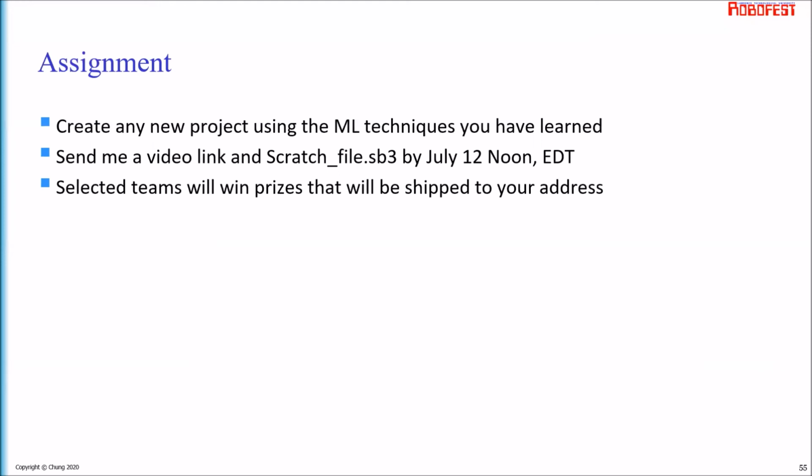Send me the video together with the Scratch file. Also, because I know your password, I can access your account. So I'll check your model in your account, watch your video, and check your Scratch coding. Then I decide which teams win. Then you will get surprise prizes.